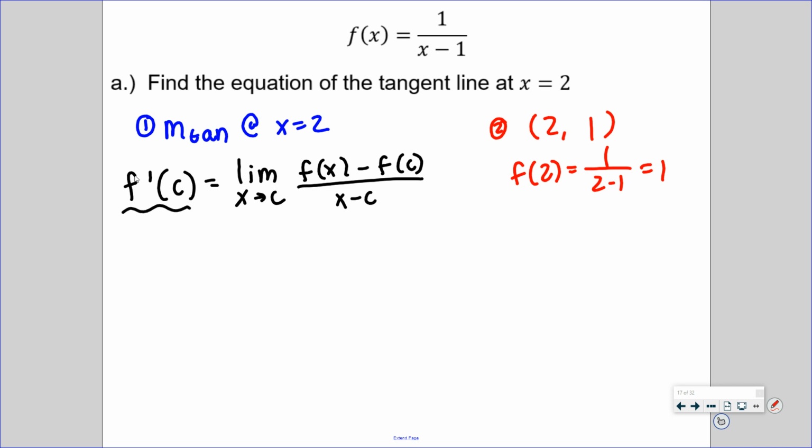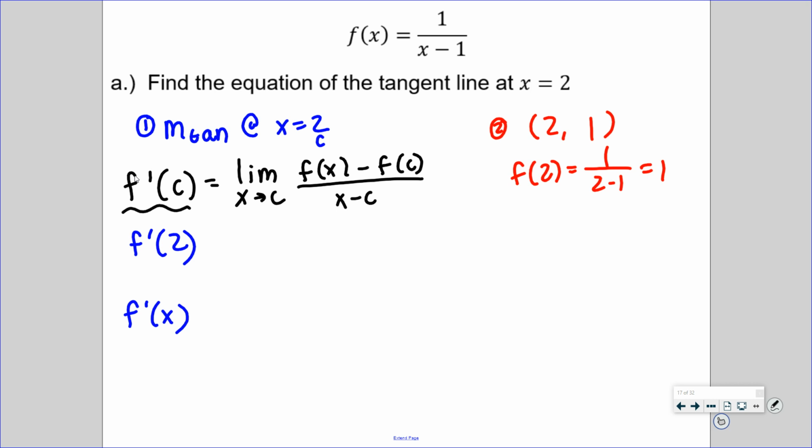Okay, so this notation, and your number here, your point, think of that as your c. We want to find f prime of 2. What that means is we want to find the derivative or the slope at 2. Okay? Normally you write f prime of x. That means the derivative at every single point.